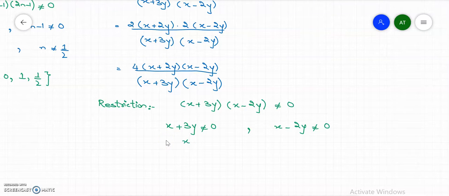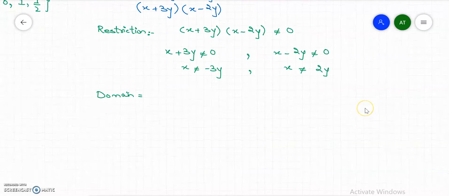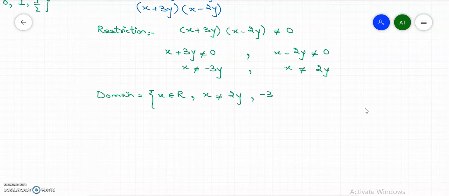From here x is not equal to negative 3y, and from here x is not equal to positive 2y. So these are the two restrictions, and let me state the domain as well. In the domain we can say, we have a variable x over here, x belongs to real numbers and x is not equal to 2y and x is not equal to negative 3y. So that is the domain.